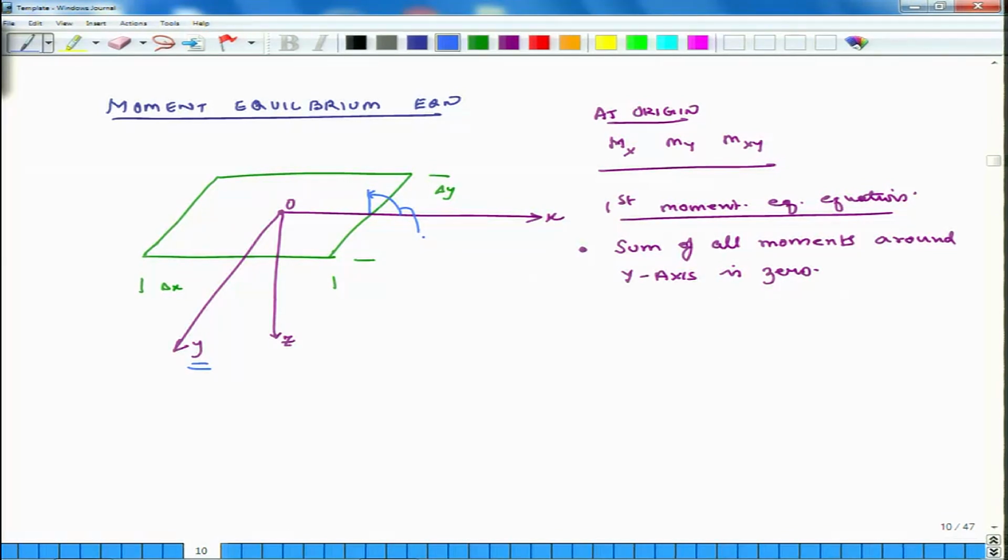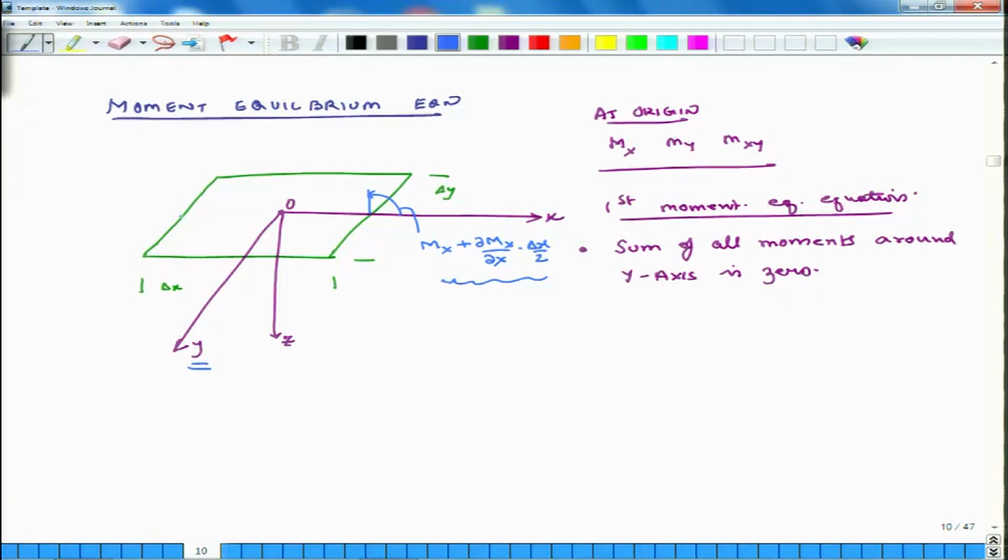So, if at the center this moment is Mx, then at this edge it will be Mx plus del Mx over del x times delta x by 2. And remember, this is not the moment, this is the moment resultant. To find the moment we have to multiply it by the length delta y.